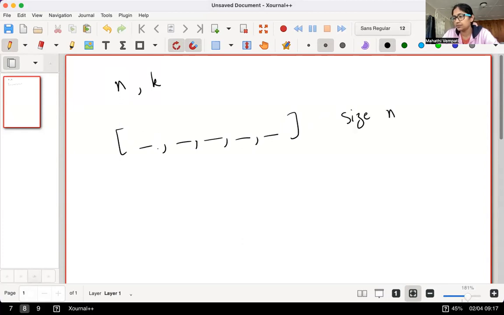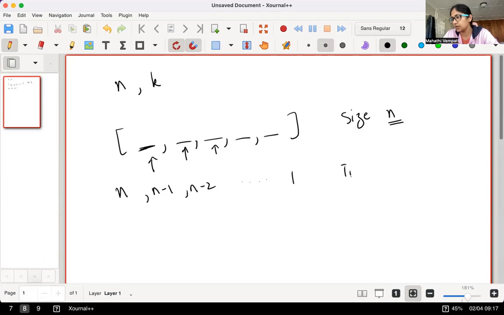Such that, if it's size n, how many subarrays can it have? The way they've defined subarrays, you have some L comma R value. So you can have n different subarrays if you start here. If you start here, you can have n minus 1 subarrays, then n minus 2, all the way till 1 subarray.